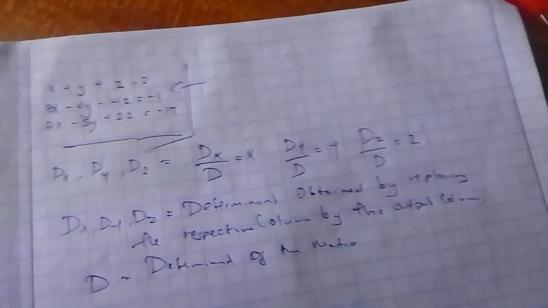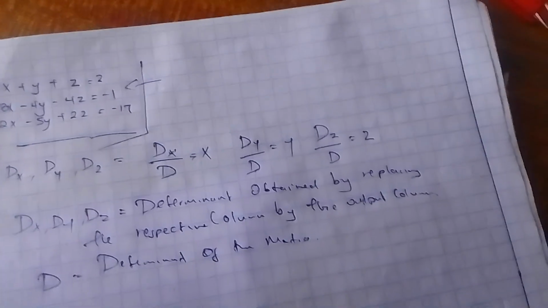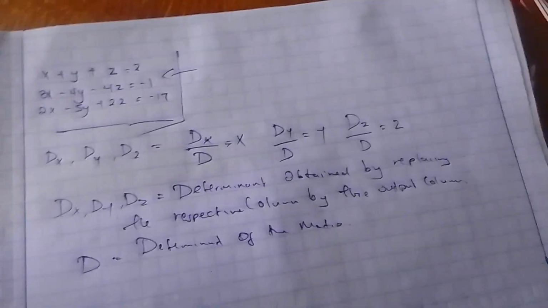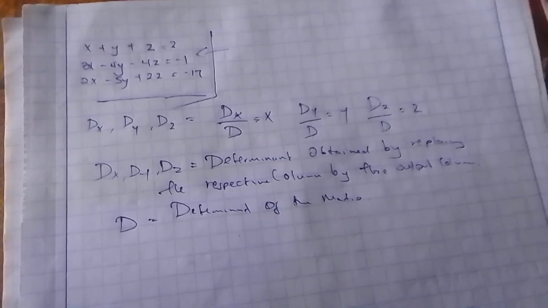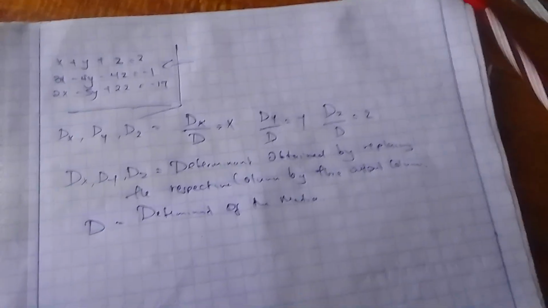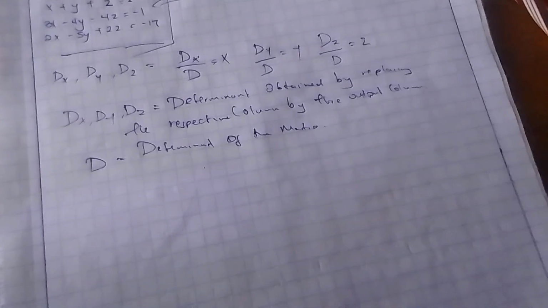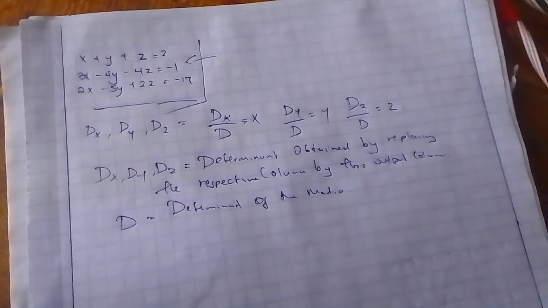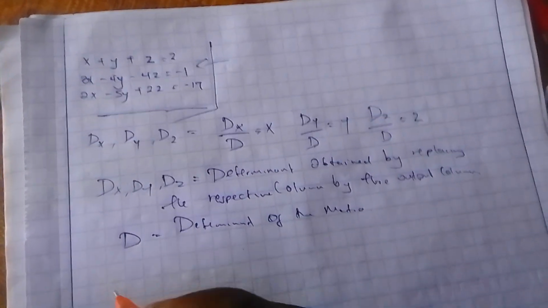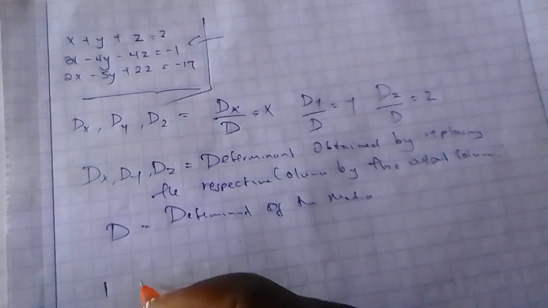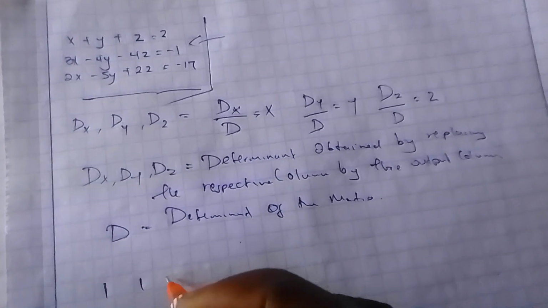The first step is to convert this equation to a matrix form, that is a 3 by 3 matrix. And how do you convert to a matrix?